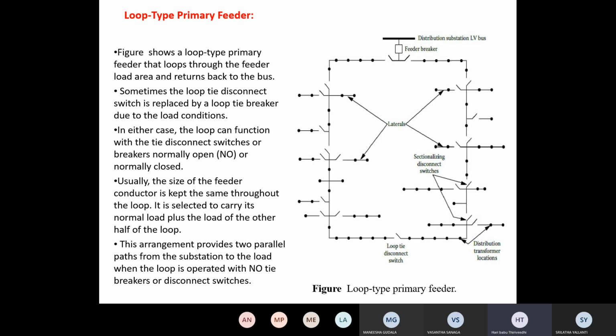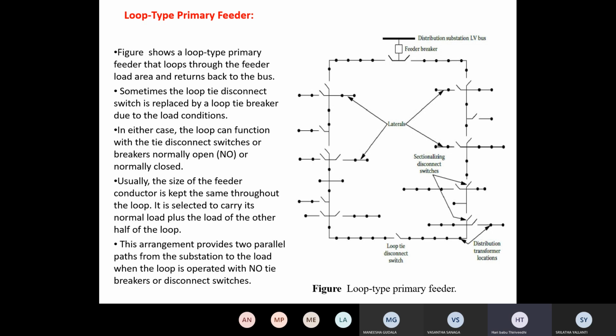The loop type primary feeder arrangement may provide high reliability and high security of service. That is the most important one. Generally, for every section here, separate feeders are also there.